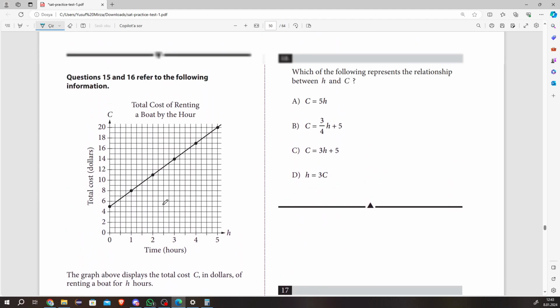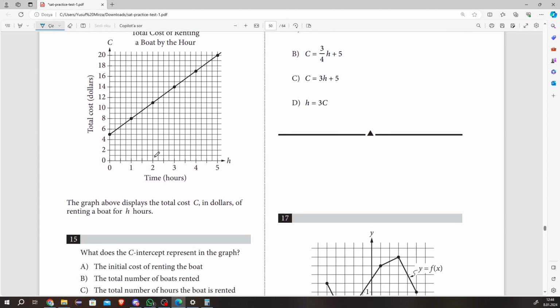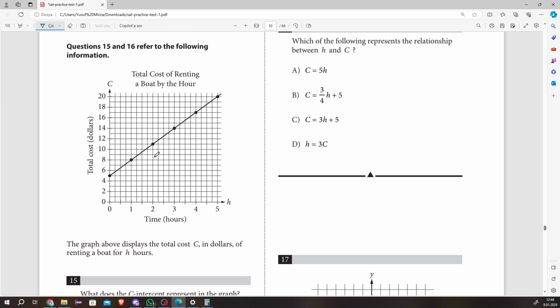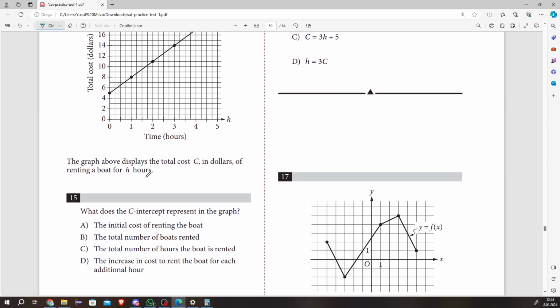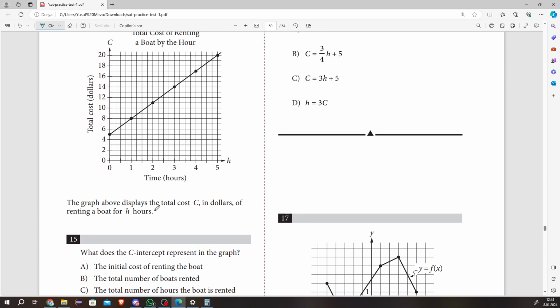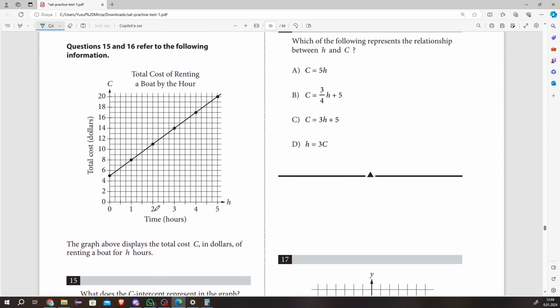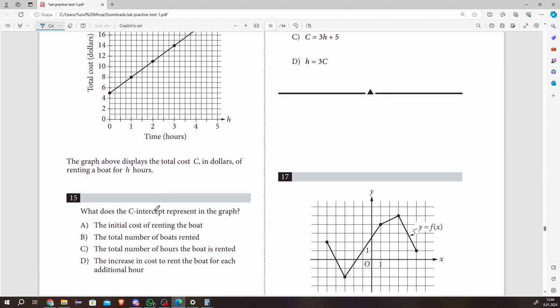The graph is based on the total cost in dollars of renting a board for h hours. Okay, we are given a start cost, so it's linear, I think. C-intercept represents, let's go. Initial cost of renting a board, the total amount of rent.